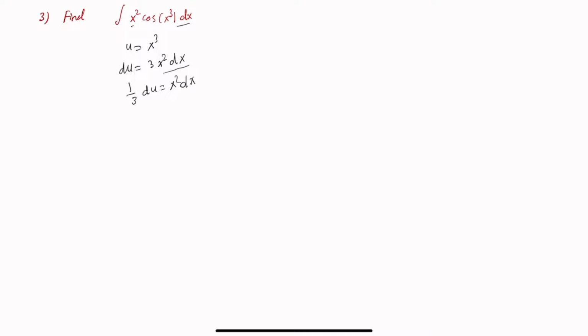And then this integral is going to be equal to, I'm going to just arrange first, the integral of cosine of x cubed and then x squared dx. Notice in here we have cosine, and x cubed is going to be equal to u, and then this term x squared dx is going to be equal to 1/3 of du.